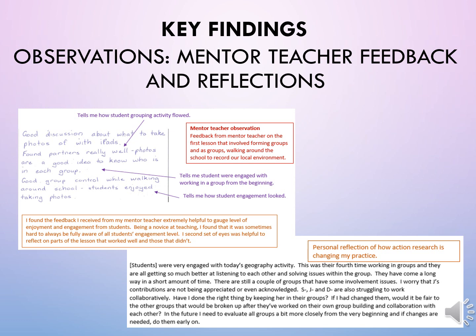I found the feedback I received from my mentor teacher extremely helpful to gauge the level of enjoyment and engagement from students. Being a novice at teaching, I discovered that it was sometimes hard to always be fully aware of all students' engagement level. A second set of eyes was helpful to reflect on parts of the lesson that worked well and those parts that didn't.